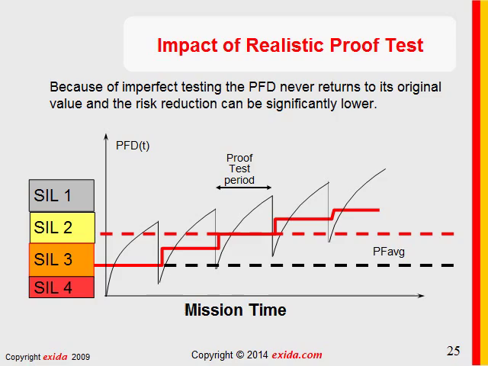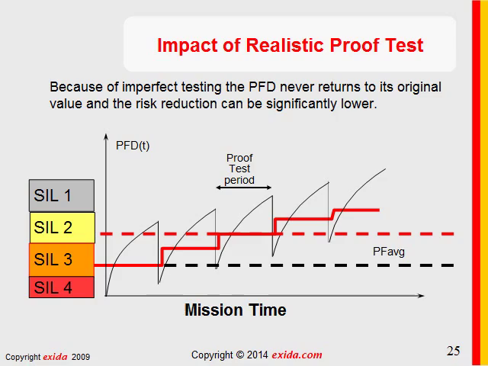What happens if you have an imperfect proof test? Well, instead of taking the probability to 0 during each proof test, we take it to some finite value above 0. And the probability grows and grows as a function of the number of proof test cycles. And the number of proof test cycles in this case is totally equivalent to mission time.